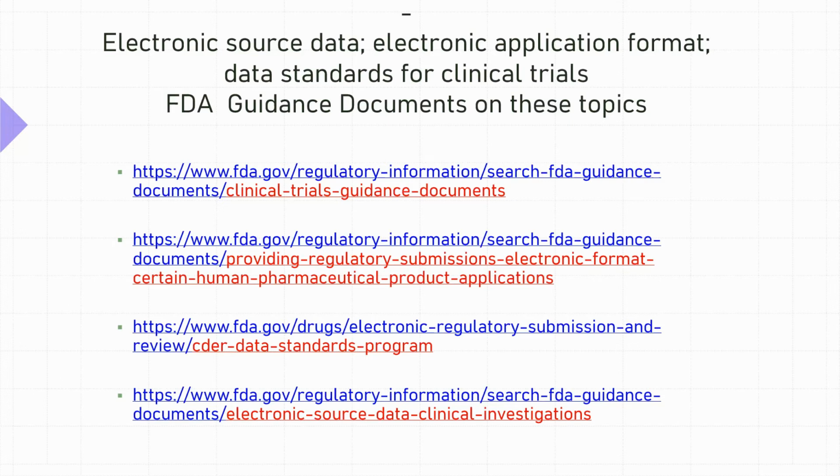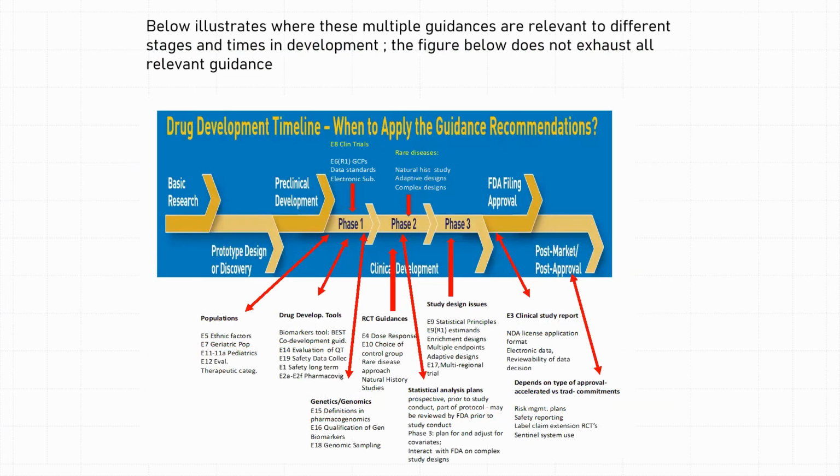And here are 4 guidances with the web address for how one accesses these particular documents. So I've given you so many guidances that are probably overwhelming in terms of the number and breadth and what they cover.